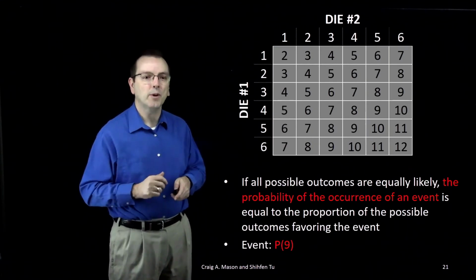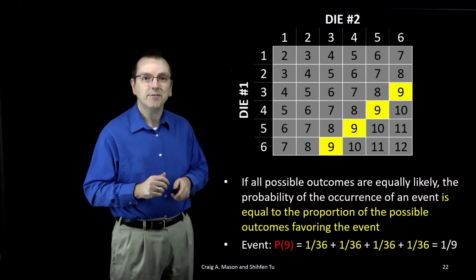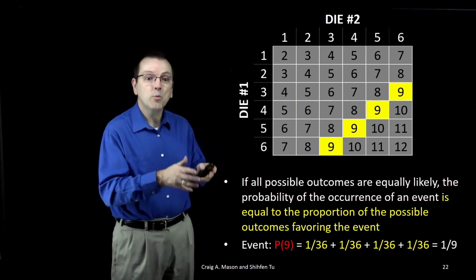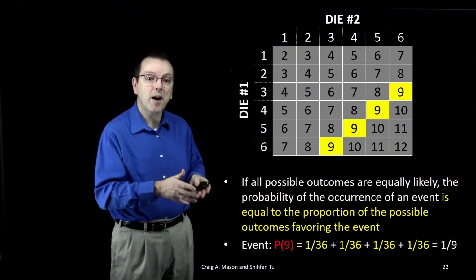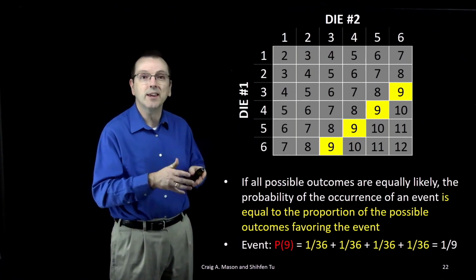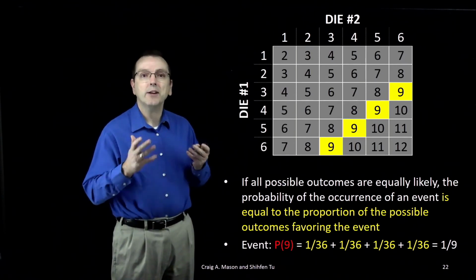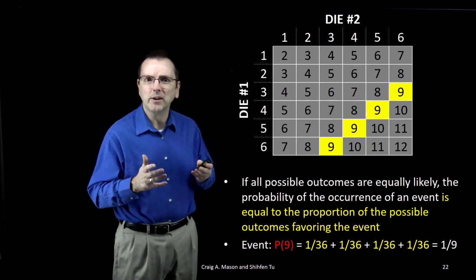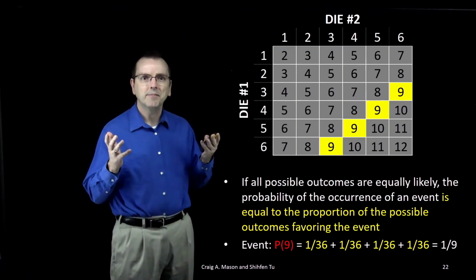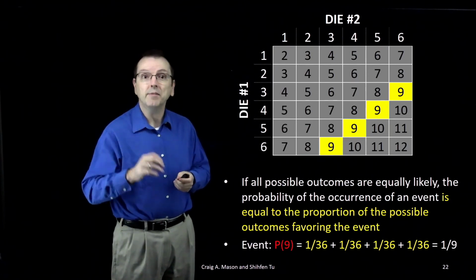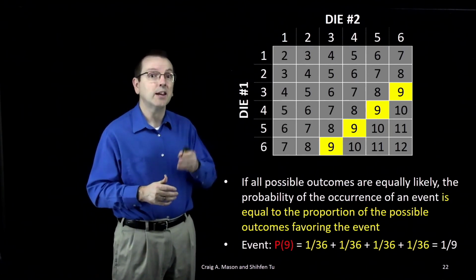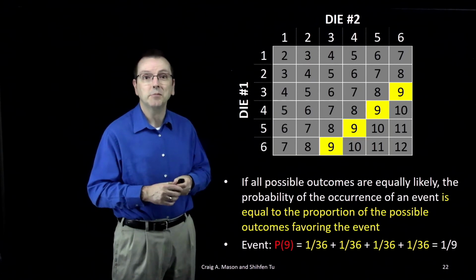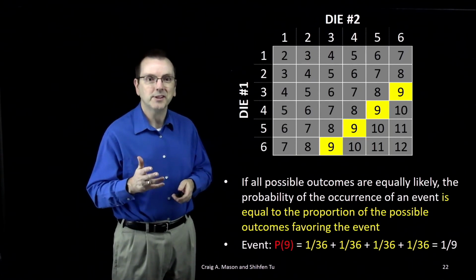Let's keep going. We then have is equal to the proportion of the possible outcomes favoring the event. Well, that just means how many of those 36 possible outcomes added up to 9. We see 4 did, and the probability of each of those 4 possible outcomes is just 1 over 36.